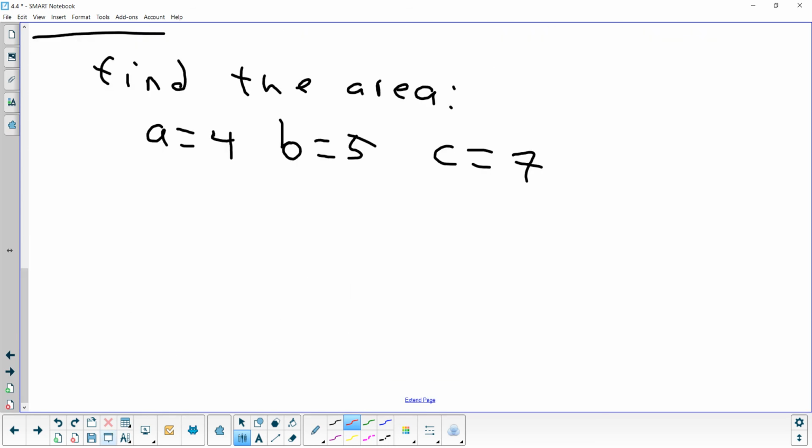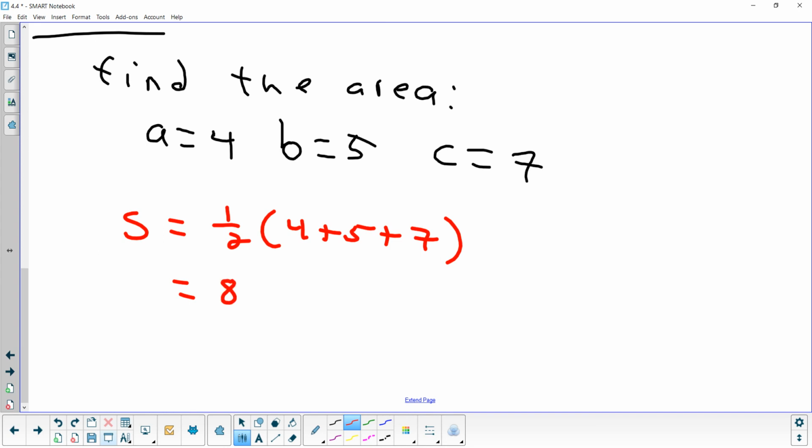Yep, semi-perimeter, one half of A plus B plus C. Well, 4 plus 5 gives me 9. 9 plus 7 gives me 16. And half of that is 8.